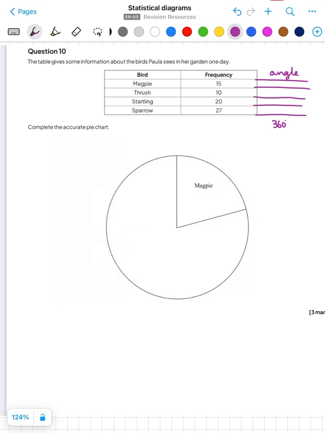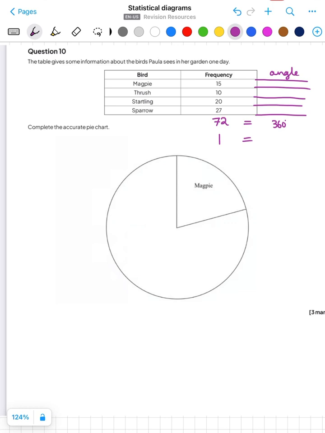So let's find out how many different birds there are that we need to represent in our pie chart. So 15 plus 10 plus 20 plus 27 is a total of 72 birds. So 72 birds need to represent 360 degrees.